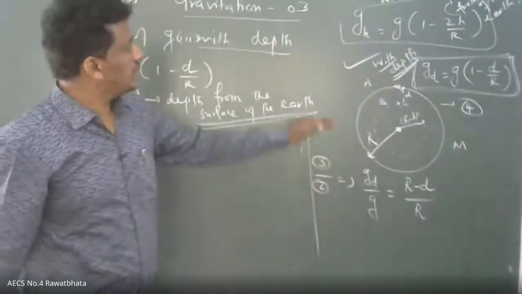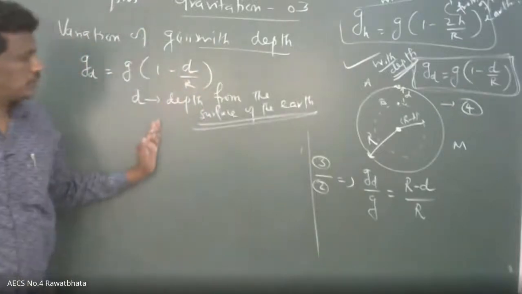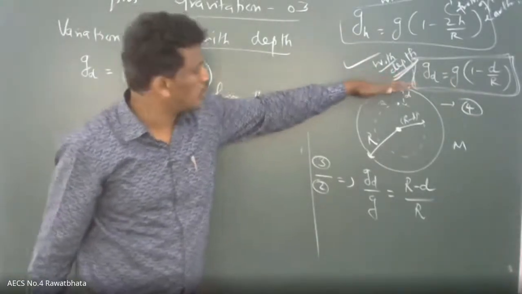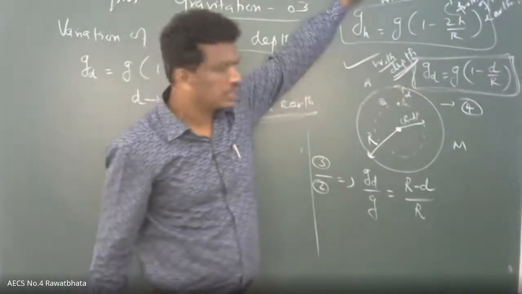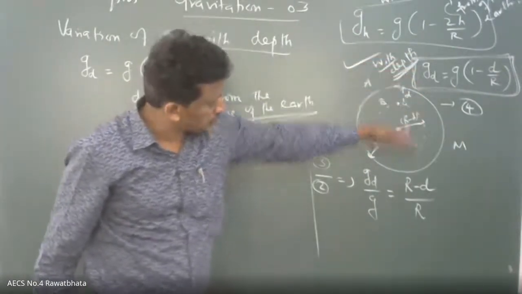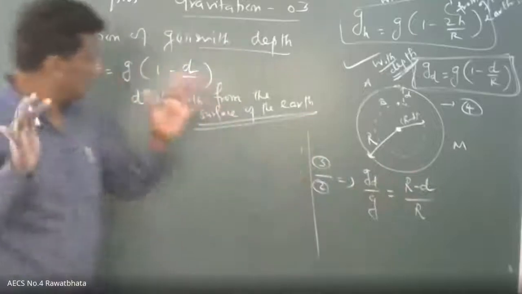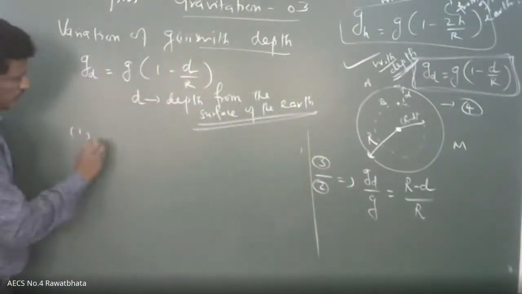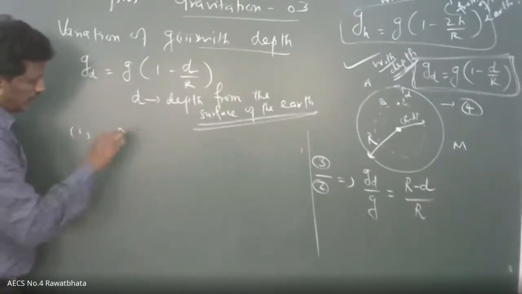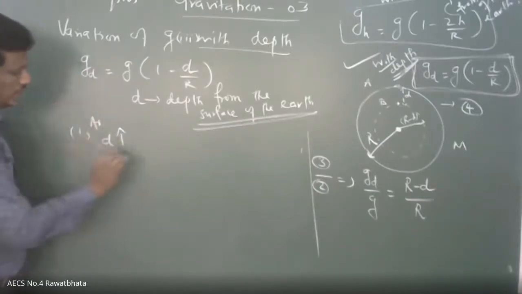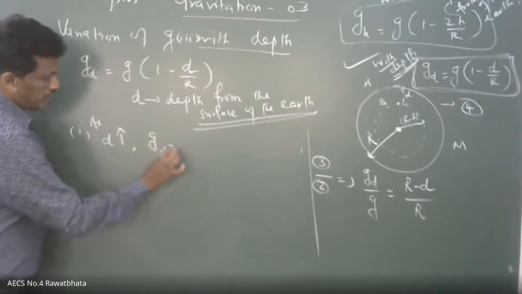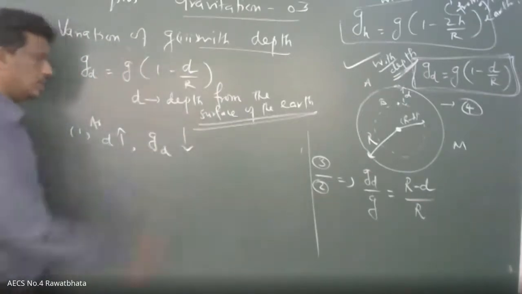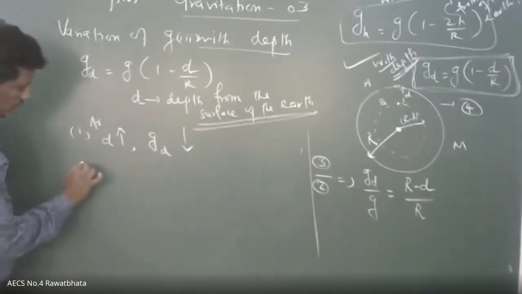So whether it is height or depth, always measure from the surface of the earth: height outward from the surface, depth inside from the surface. Now as D increases, what about the g_d value? It decreases. g_d value decreases.